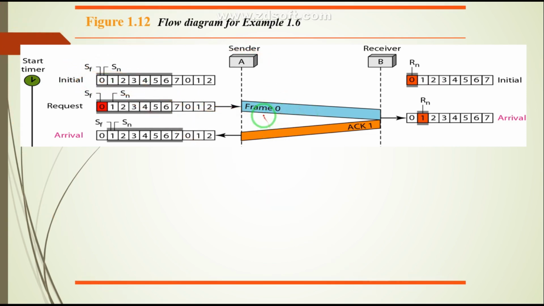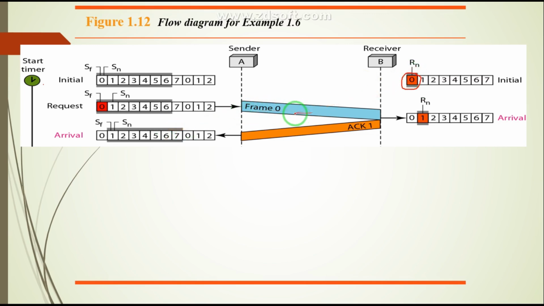Frame 0 has been sent. The timer has been started. Sender A is going to send frame number 0 because over here SF equal to 0 and SN equal to 0, and RN is also going to expect frame number 0. It is the initialization.